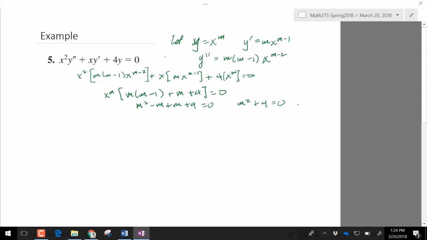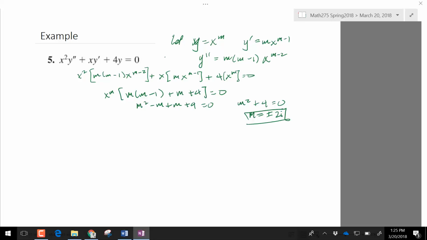And here's an example where you have complex conjugates. So m is equal to plus or minus the square root of negative 4, so it's in the i's. And then you have your solutions.